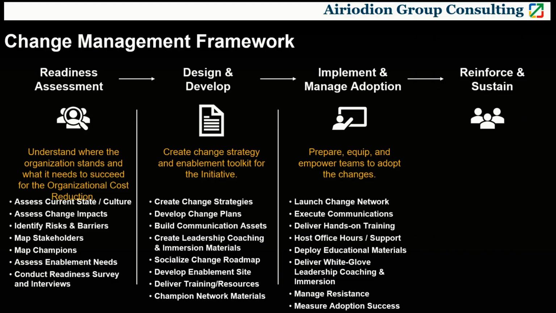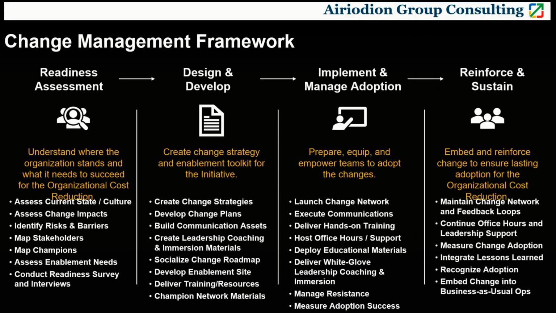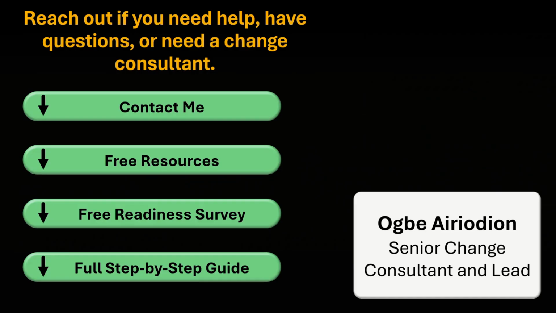And then I also manage resistance proactively and reactively, and I continue to measure adoption. If you look at my screen at the right section where it says reinforce and sustain, that is the fourth phase where I ensure that I continue to engage with people, I continue to provide support, I continue to leverage champions and leaders to ensure that resistance does not increase.